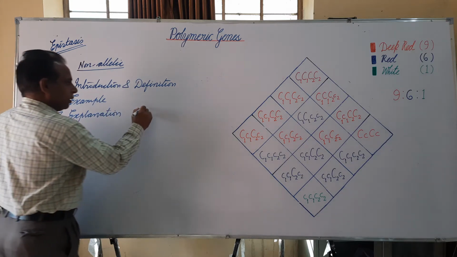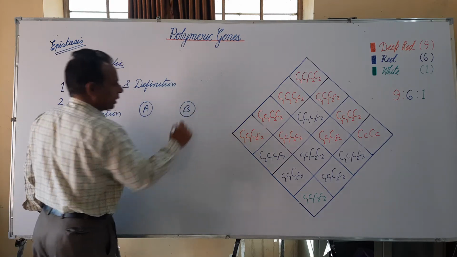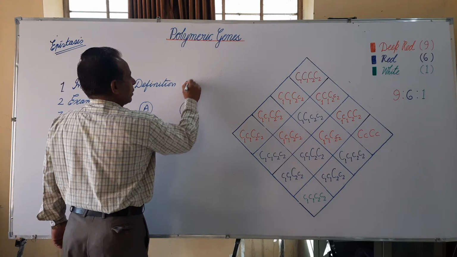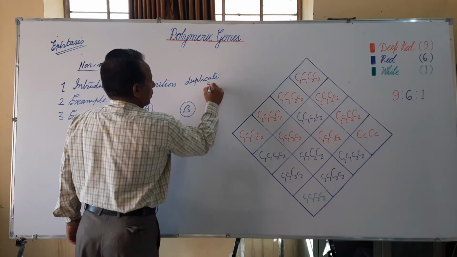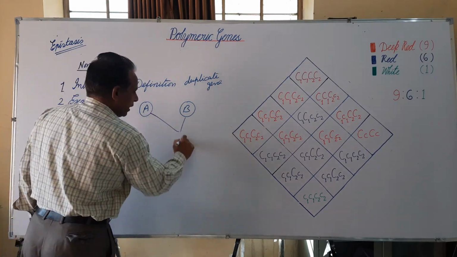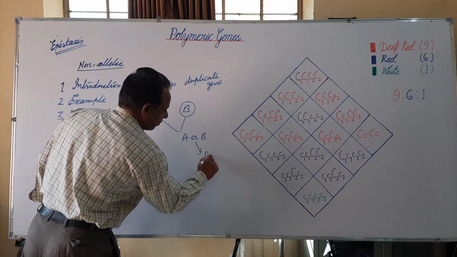Suppose A and B are two non-allelic dominant genes. They act as duplicate genes, meaning if one of the two is present, the phenotypic effect is the same.